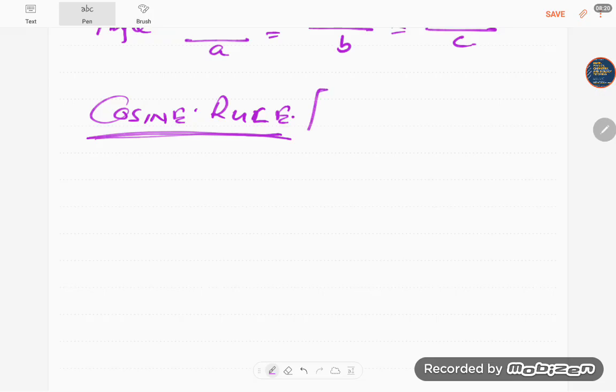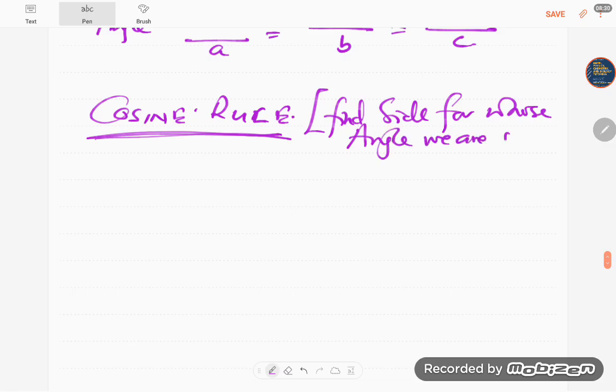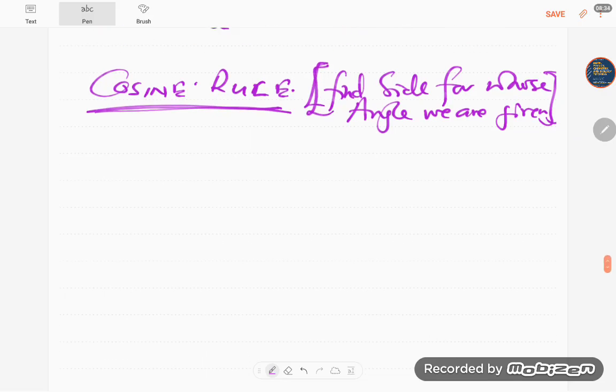So if I'm looking for angle A, I have to quote my formula in terms of side A. So A squared equals B squared plus C squared. This is the initial part, where the Pythagoras part comes in, so you can remember it.